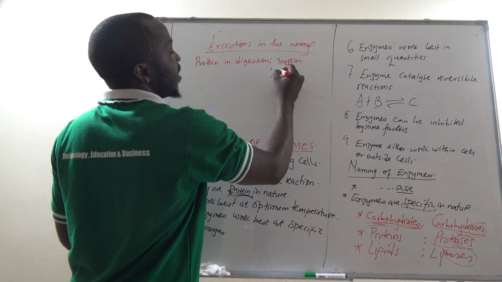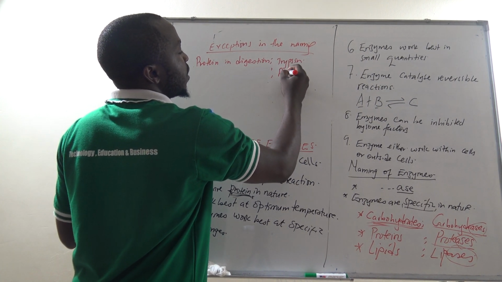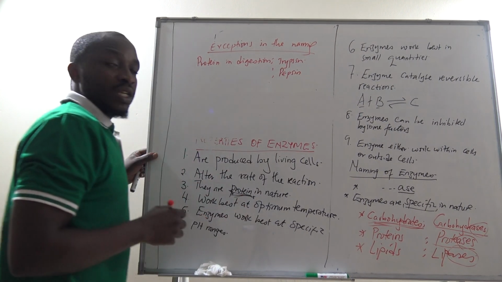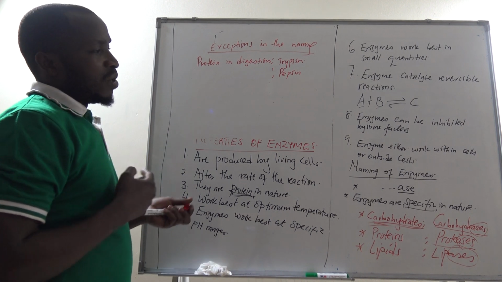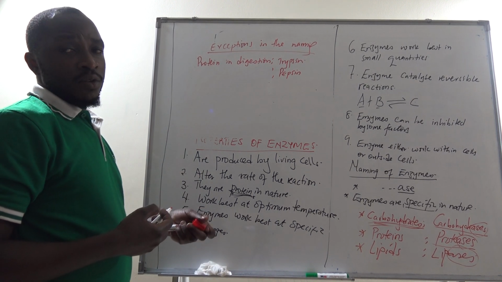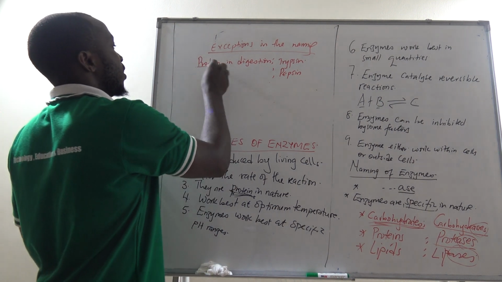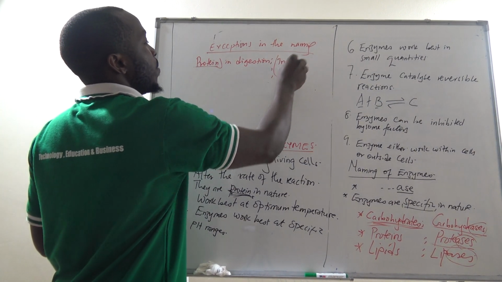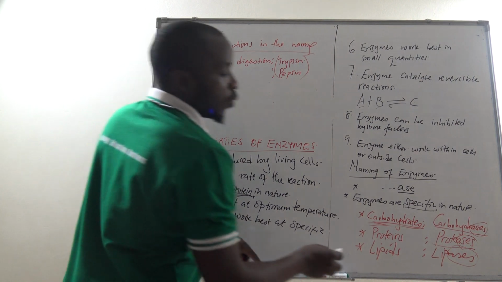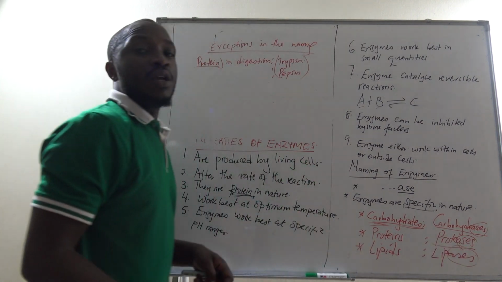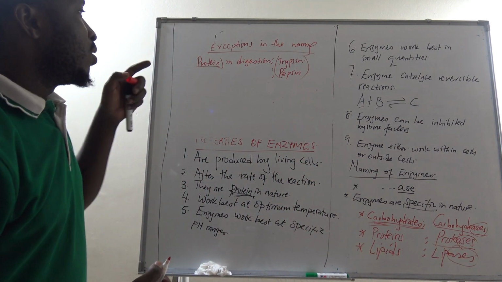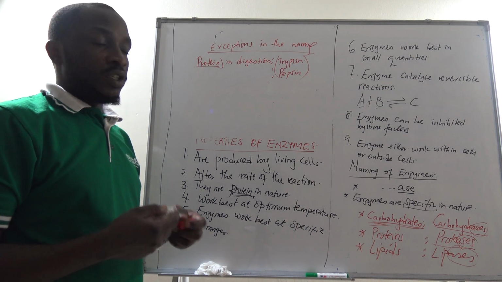You find when the enzyme is pepsin from the gastric glands. So the naming there does not rhyme, yet they are also working on proteins. But collectively, trypsin and pepsin will come back to this bigger group and say these are proteases.